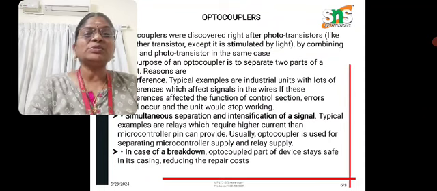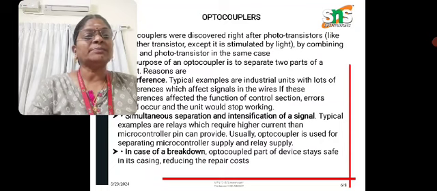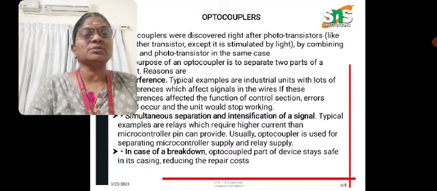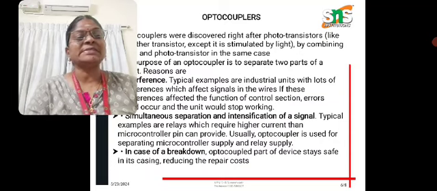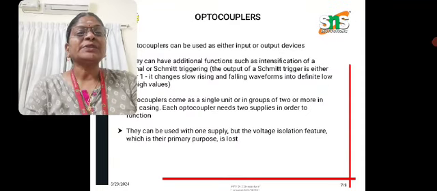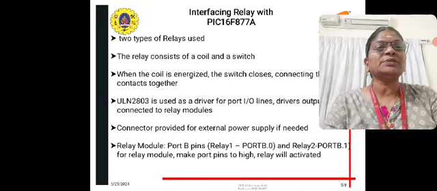Typical examples are relays which require higher current than a microcontroller pin can provide. Usually an optocoupler is used for separating the microcontroller supply from the relay supply. In case of a breakdown, the optocoupled part of the device stays safe in its casing, reducing repair costs.